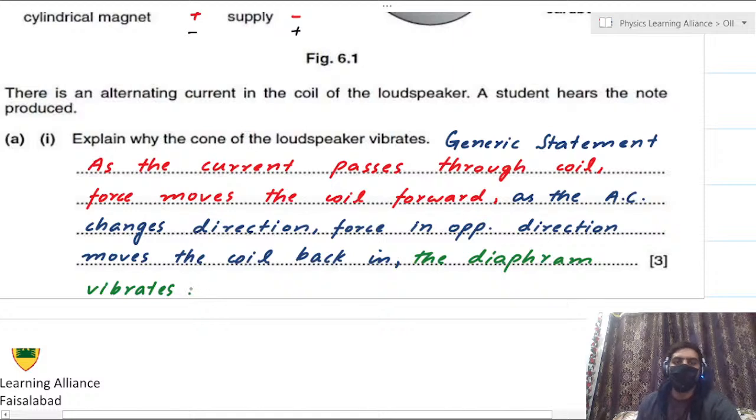All right, so we don't have to get down to the point where we explain the production of the sound waves as well. The diaphragm or the cone, you can write cone vibrates, because we have to mention how the loudspeaker vibrates.